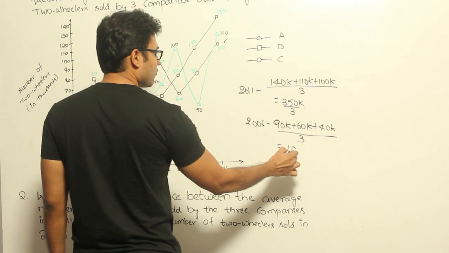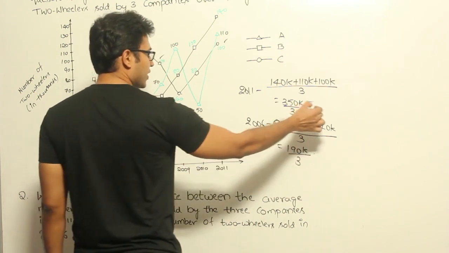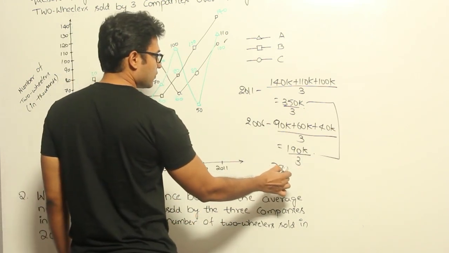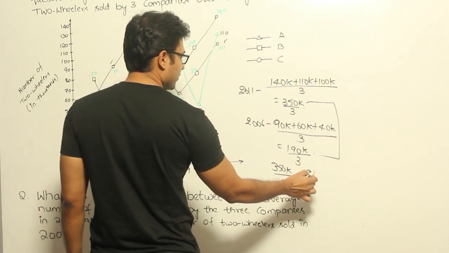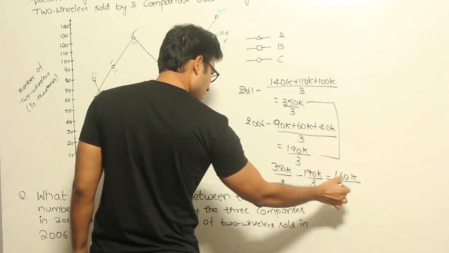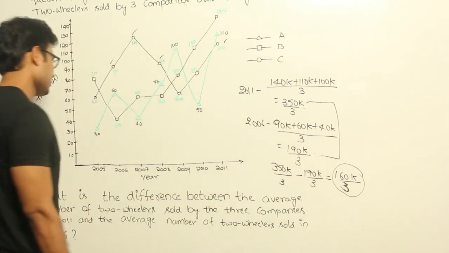So this is going to be 190k divided by 3. Now we are supposed to find out the difference between these two. The difference between these two is going to be 350k by 3 minus 190k by 3, which is 160k by 3. Okay, that is the answer.